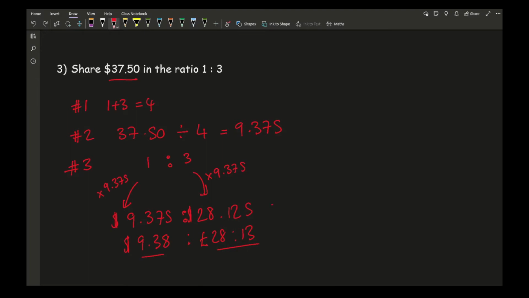So here you could either write $9.37 to $28.13, or you could have $9.38 to $28.13, and 12 cents. In this particular case, you could get away with writing both answers, but the most important thing is that the two amounts have to add up to the amount that you are sharing.